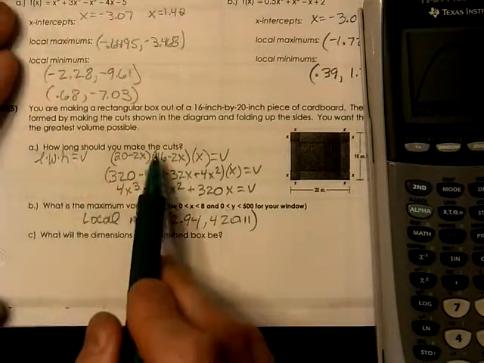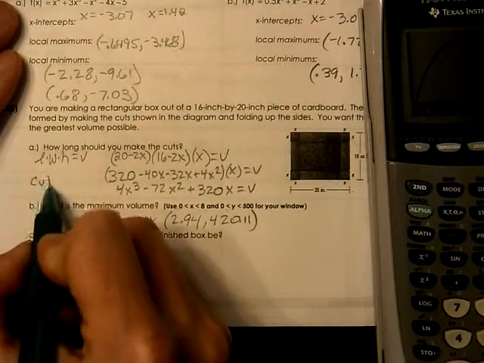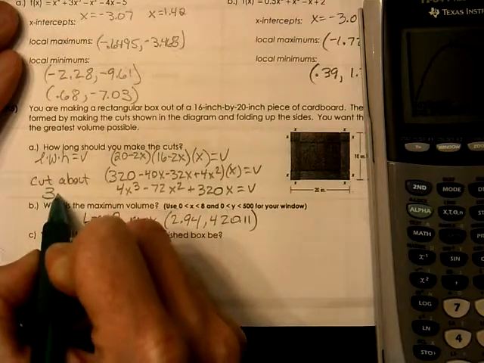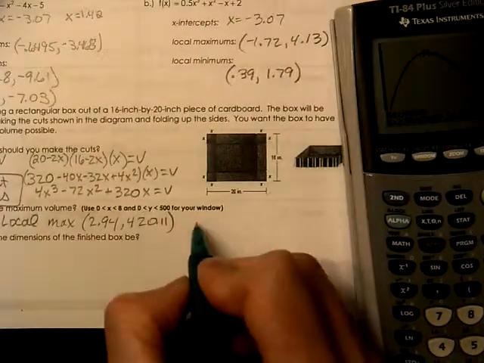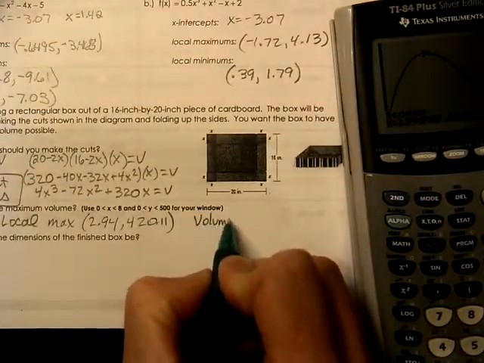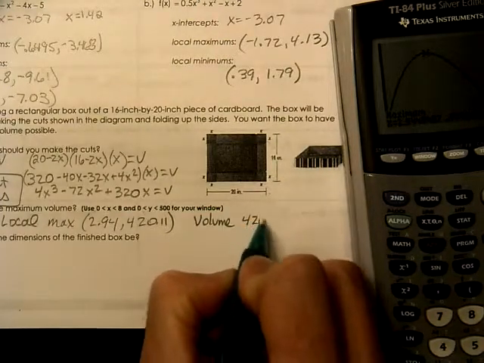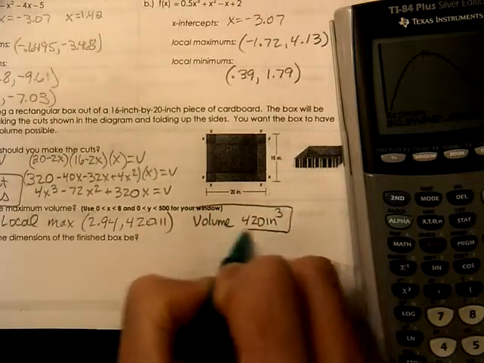So how long should the cuts be? We're going to have a cut of about 3 inches. And over here, we're going to have a volume that is about 420 inches cubed.